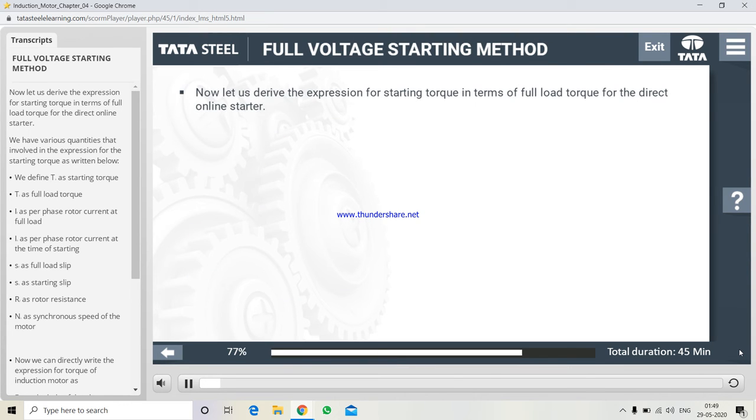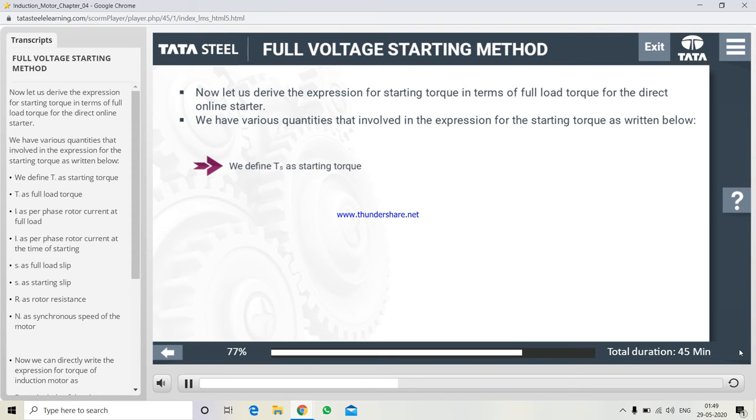Now let us derive the expression for starting torque in terms of full load torque for the direct online starter. We have various quantities involved in the expression for the starting torque as written below.